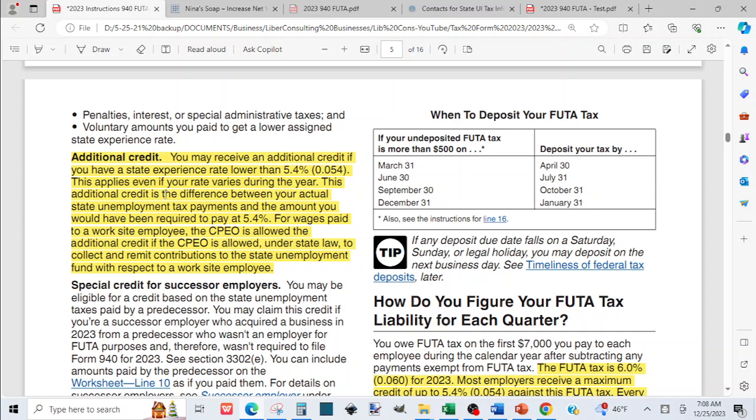This applies even if your rate varies during the year. This additional credit is the difference between your actual state unemployment tax payments and the amount you would have been required to pay at 5.4%.